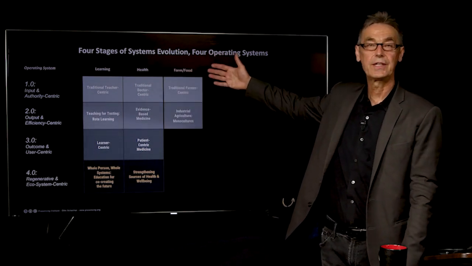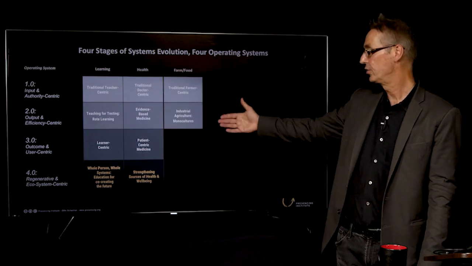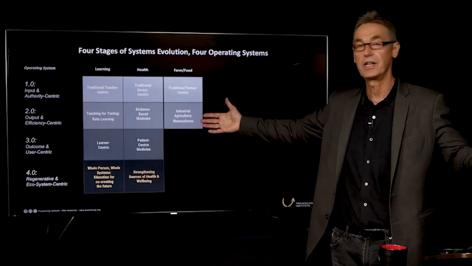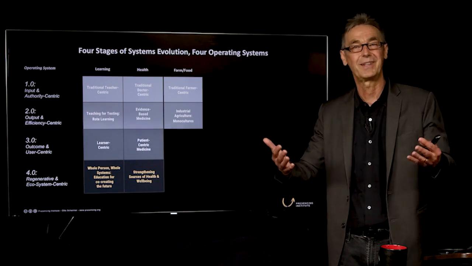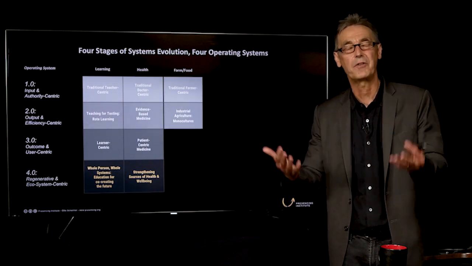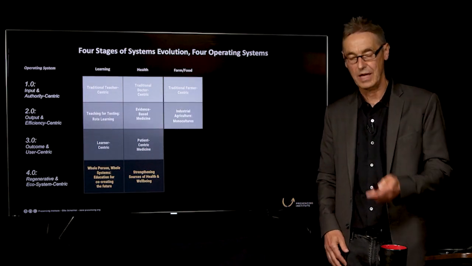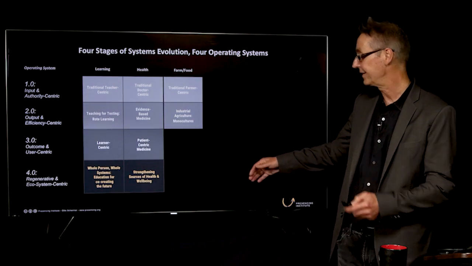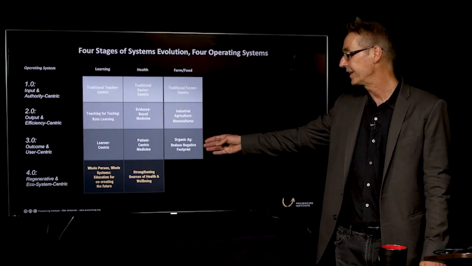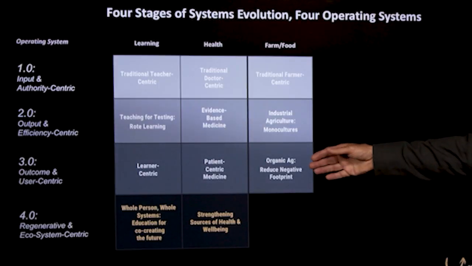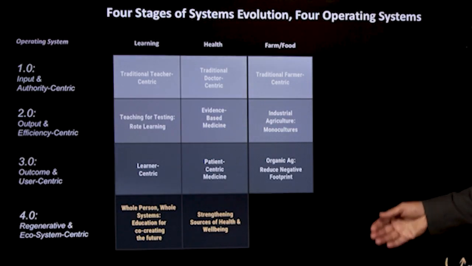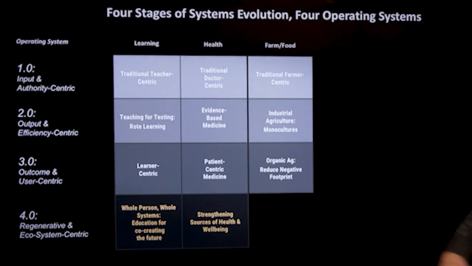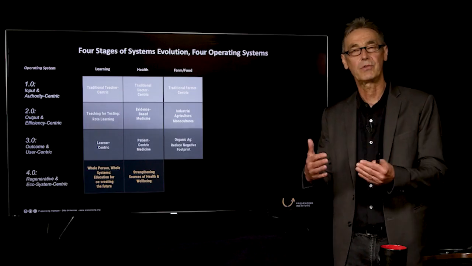Now, when you look into farm and food, 2.0 is still the mainstream: industrial agriculture, monocultures, factory farming, which is where more than half of all our environmental problems are coming from. And we know what has been happening lately, a lot of laudable movement towards organic or sustainable agriculture, which is really about reducing the negative footprint. That's a step in the right direction.